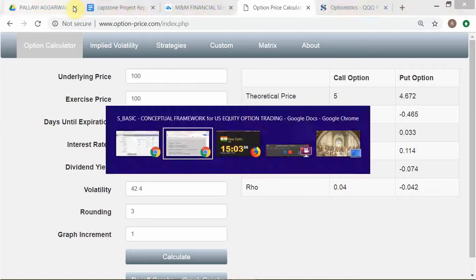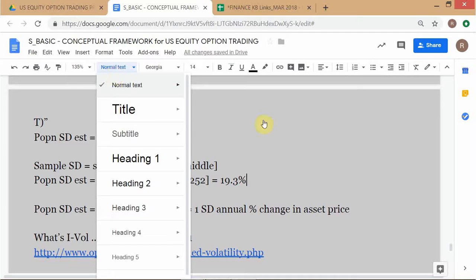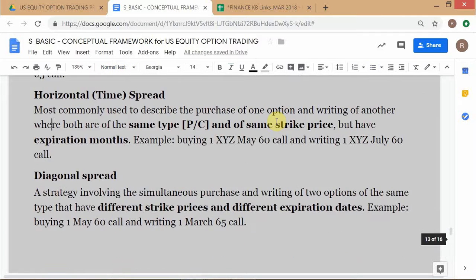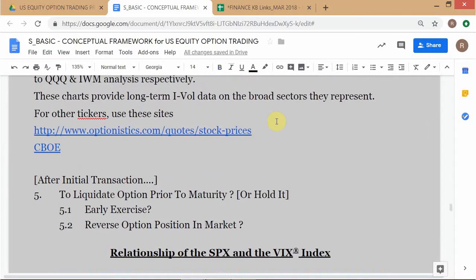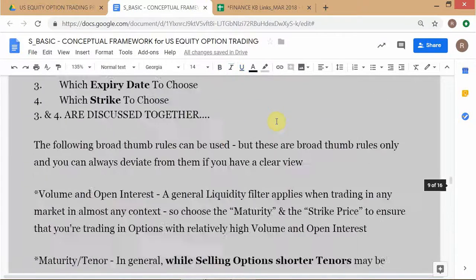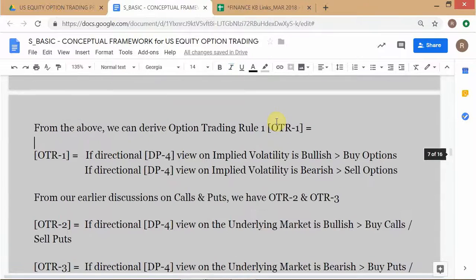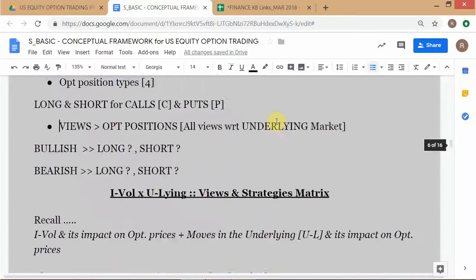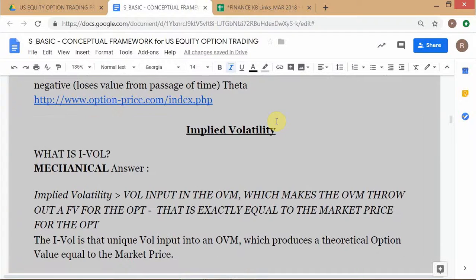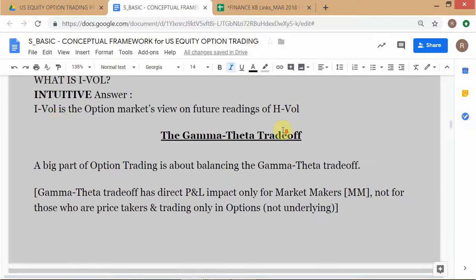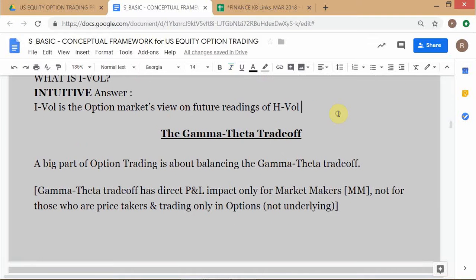So we should write it down here. IVOL is the option market's view on future readings of HVOL. That is the example of a 30-day option.